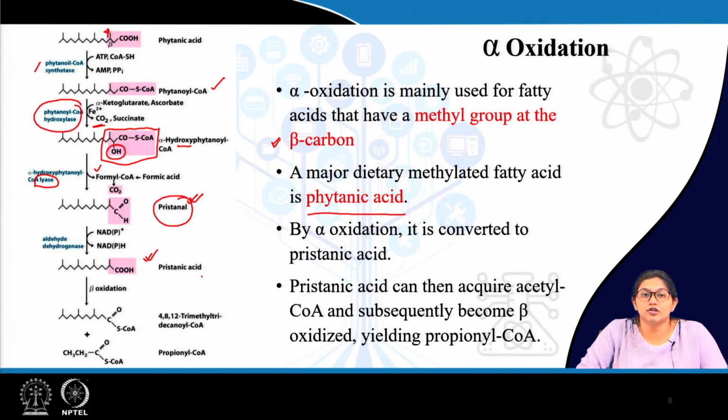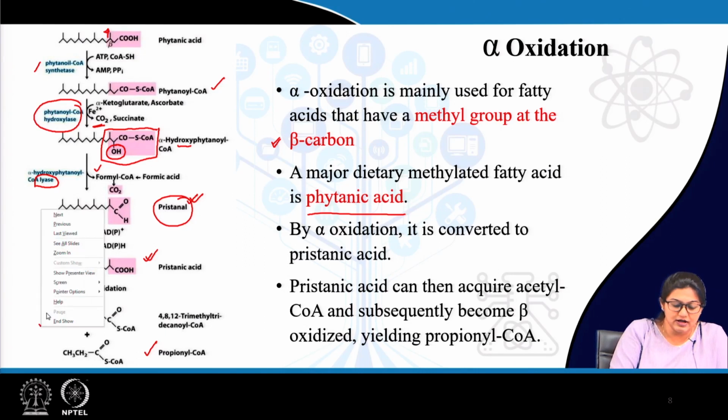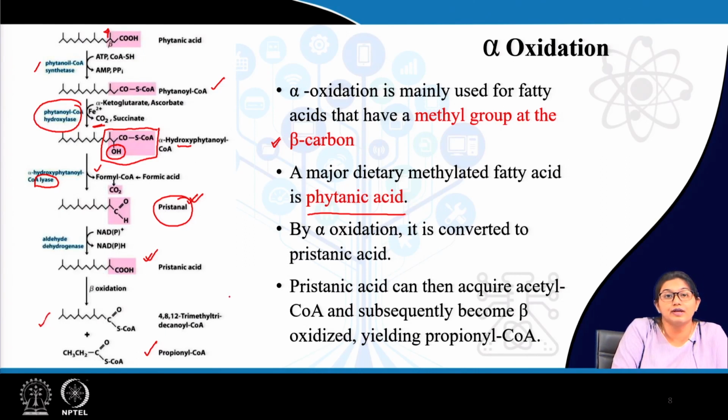So, the end products generated from the oxidation of pristanic acid are propionyl coenzyme A and this part, which is trimethyl decanoyl coenzyme A.